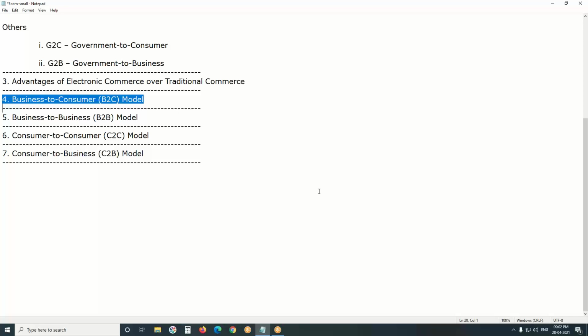Businesses sell goods straight to consumers through their website. The internet serves as a marketplace in itself, and the e-commerce store serves as the portal between businesses and consumers shopping online.